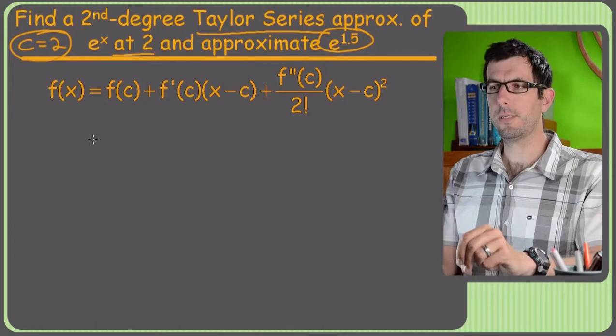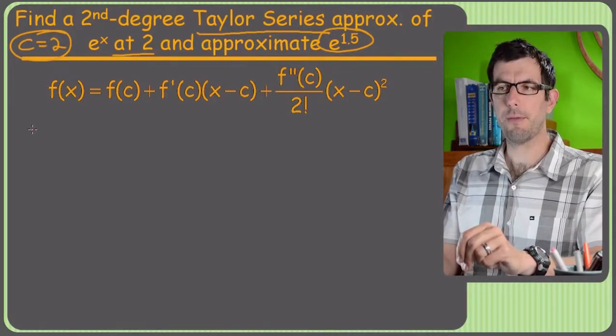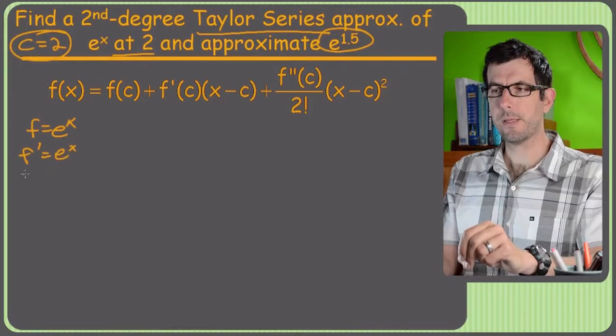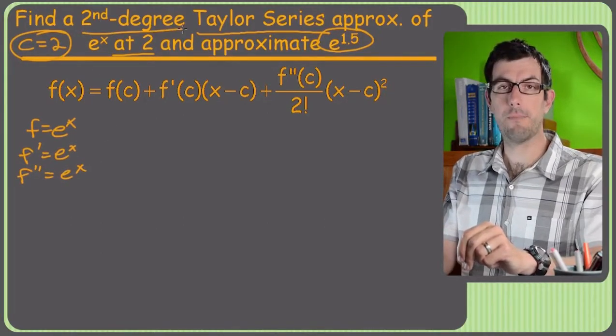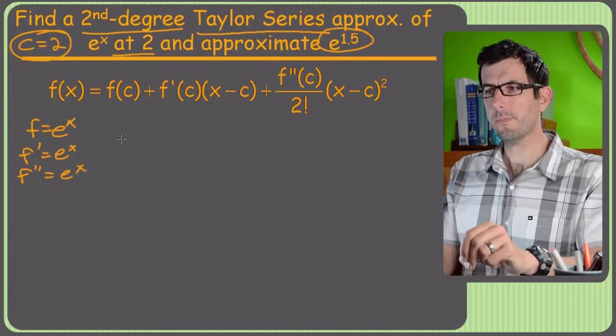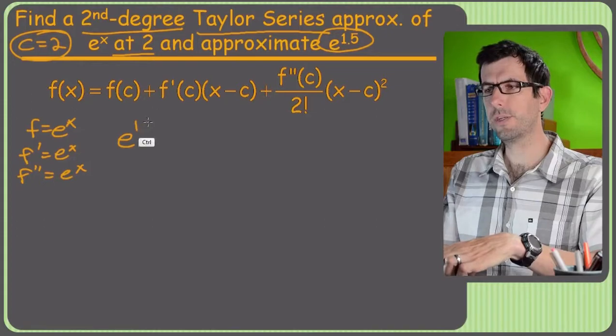All right, so let's plug and chug. Once again, I learned last time that if f equals e to the x, then so does f prime, so does f double prime, and we're only doing second degree this time. So let's plug and chug. I should have just said e to the x.